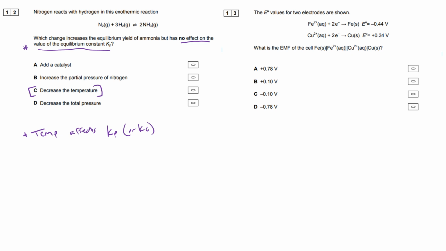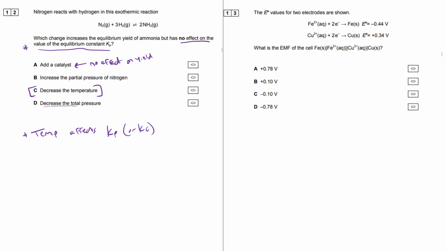As we mentioned before, adding a catalyst will have no effect on the yield. It increases the rate of the forward and backwards reactions equally, but no effect on yield. What would happen if we decrease the total pressure? We'll come back to statement B in a second.